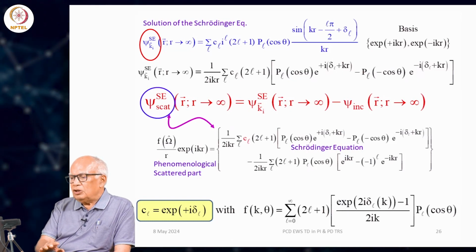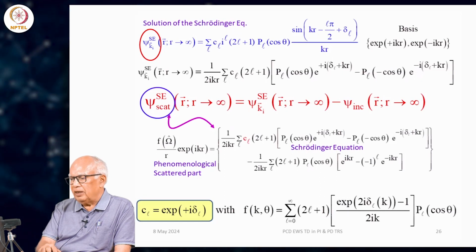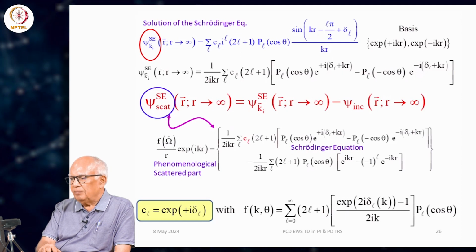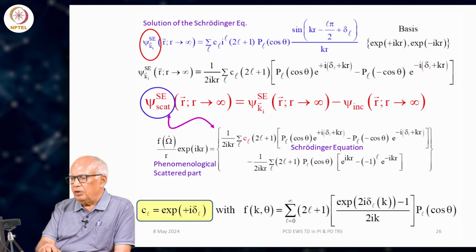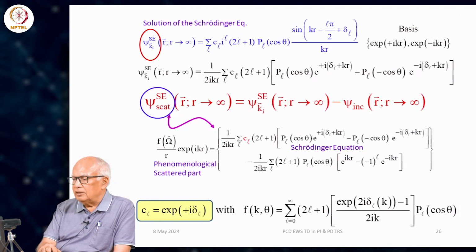What also pops out of it, by comparing the coefficients of the linearly independent basis functions, is the Faxen-Holtsmark equation for the angle dependent scattering amplitude.